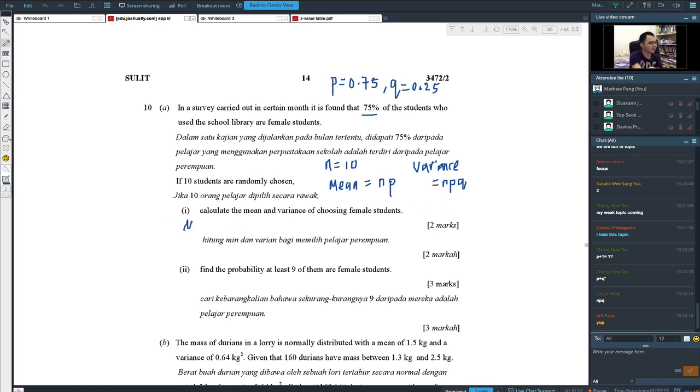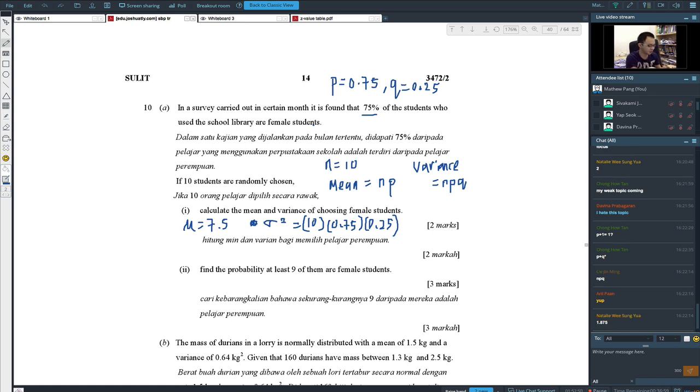Okay, the variance symbol is n, p, my p is just 0.75, and my q is 0.25. Okay, just one mark for each. You just test whether you can understand this or not. So 10 multiply 0.75 multiply 0.25, you have 1.875.